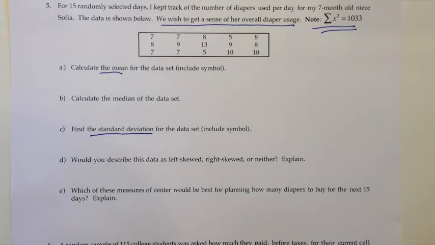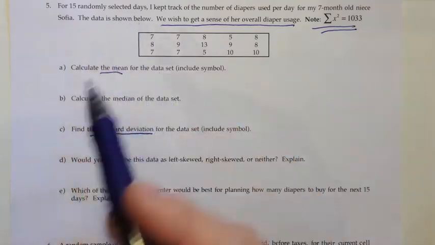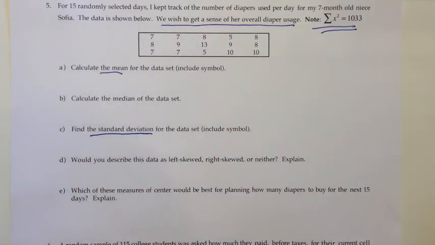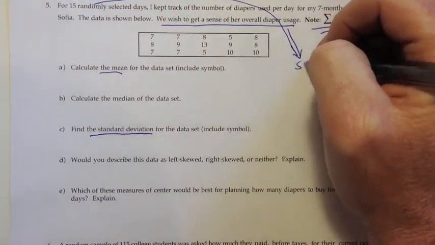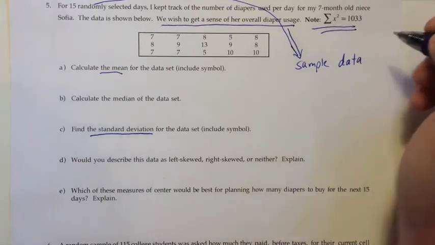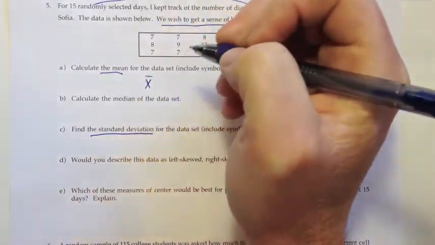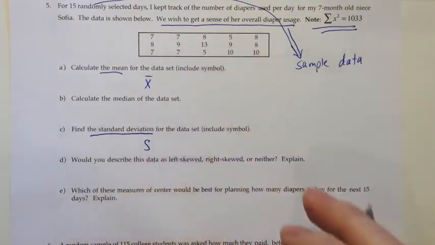So I would say that this is just going to be a sample, and it says it was for 15 randomly selected days, which also indicates that it's a sample. So those two things together indicate to me that we're looking at sample data. And if this is sample data, then when we refer to the mean, we would call it X bar. And when we refer to the standard deviation, we would use an S for that.